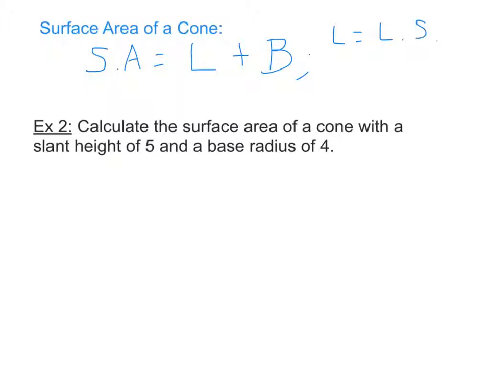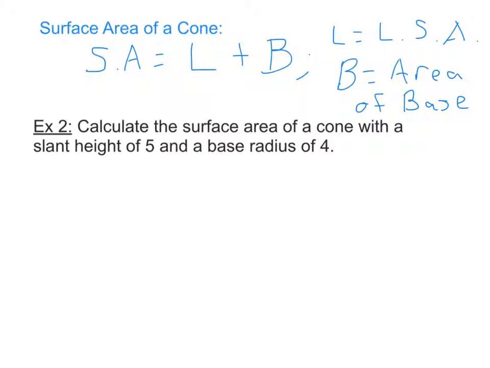I'm going to label it LSA for lateral surface area. Capital B is going to be the area of our base. So again, the surface area of a cone is going to be equal to the lateral surface area plus the base.